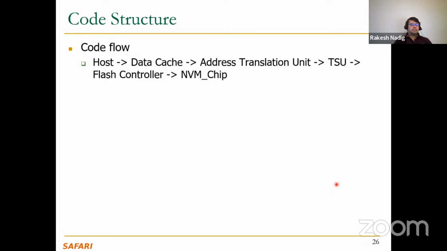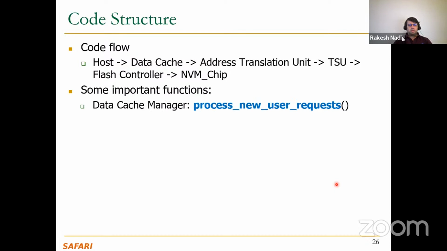If it's not there, then a new entry has to be added. Then it goes to the transaction scheduling unit, which schedules the events to different channels and chips in the backend. It is sent through the flash controller, and it goes to the NVM chip. This is the flow from the front end to the back end.